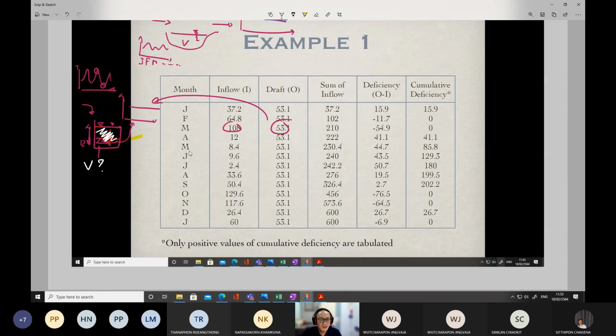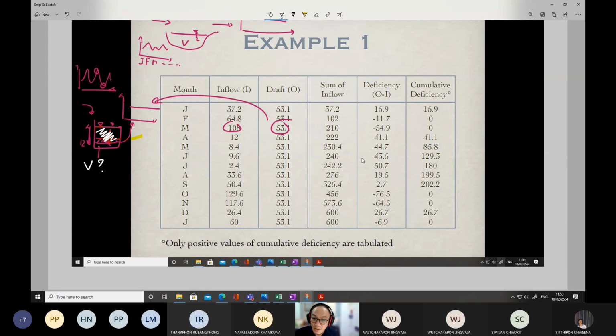Similarly for May, June, July, August, and September, we still need some water because there is a deficiency. It's giving a positive sign.